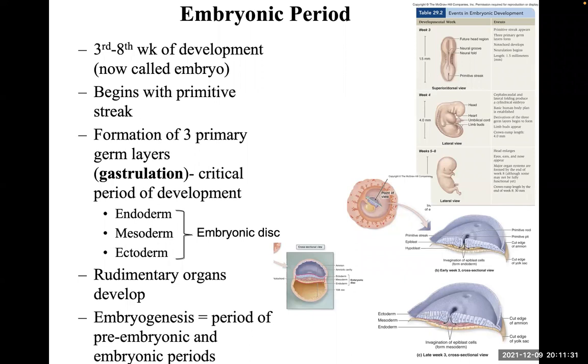So at this point, I should just mention, at week 3, week 3 to week 4, and really all the way up through week 8, the embryo itself shares similarity. You wouldn't be able to tell if the embryo came from a human or another great ape, or even maybe an alligator, right?